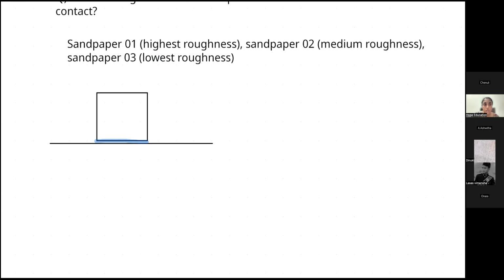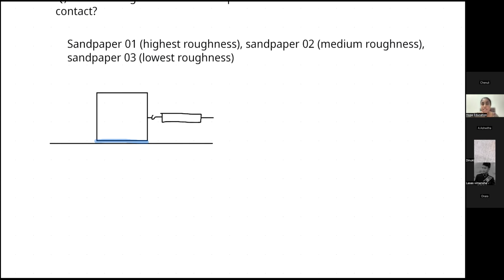And what I'm going to do is fix a Newton balance. Right? A Newton balance is a balance like this. I hope you have seen this balance. I can pull from here.